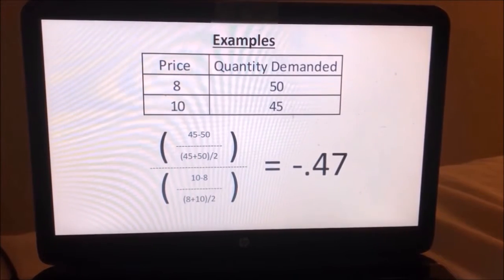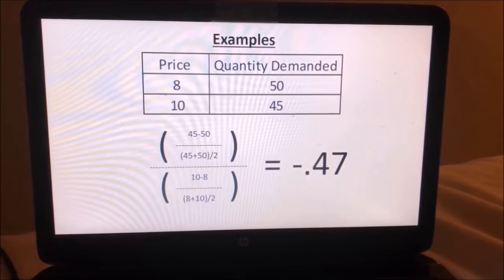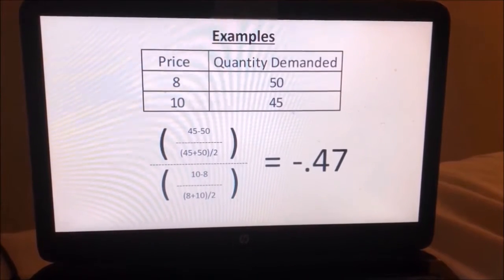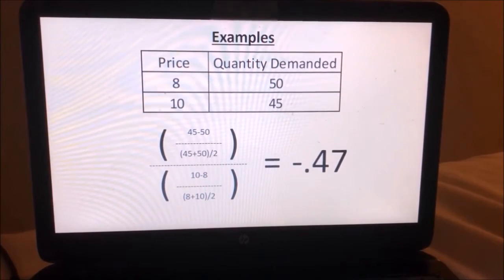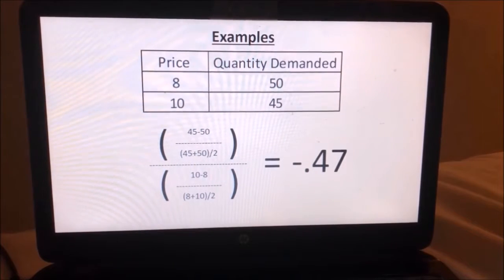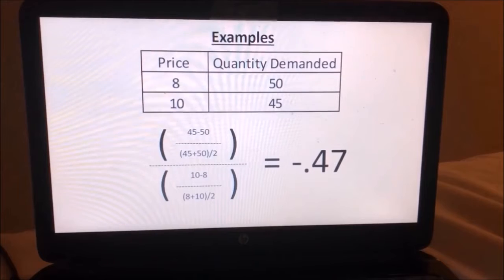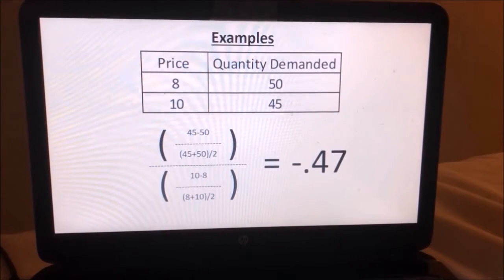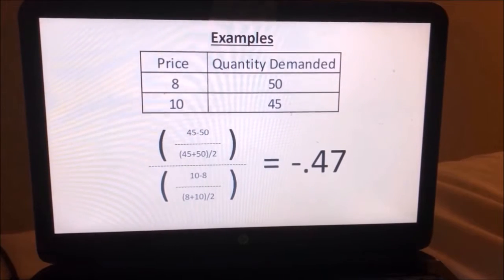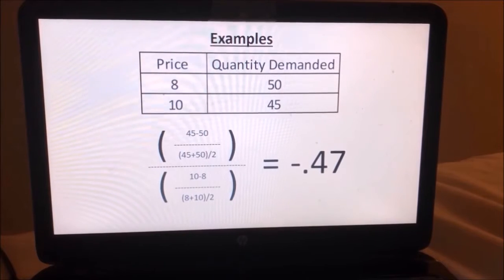Another example. Again, the price increases from $8 to $10. The quantity at the price of $8 is 50, but when the price increases to $10, the quantity demanded will lower to 45.